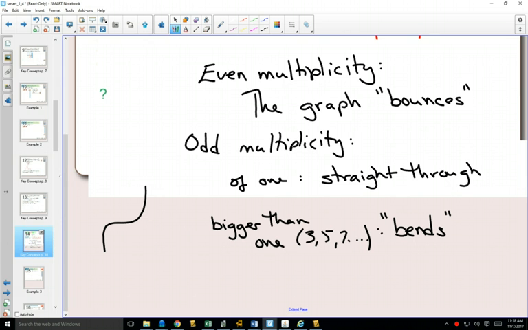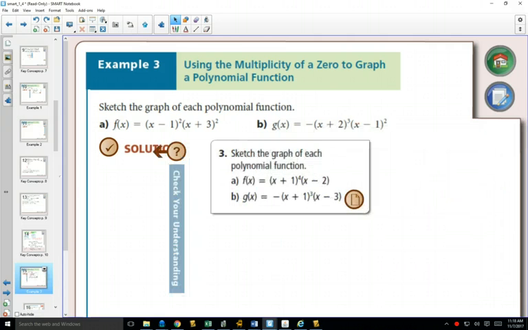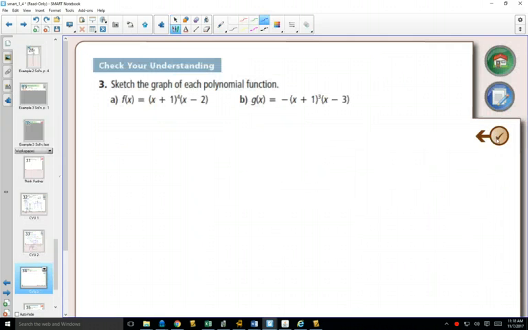So when we get to example 3 here, the first thing you have to figure out is what type of graph it is and whether it's a positive or a negative. So for A, this is going to be an x to the 5 graph, quintic.